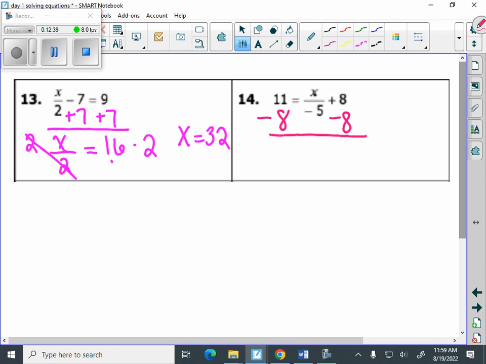When we do that, we get 3 equals x over negative 5. And once again, we want to undo the division here. And when we undo the division, we're going to multiply by negative 5 here, multiply by negative 5 here, and the negative 5's cancel out, and we end up with x equals negative 15.